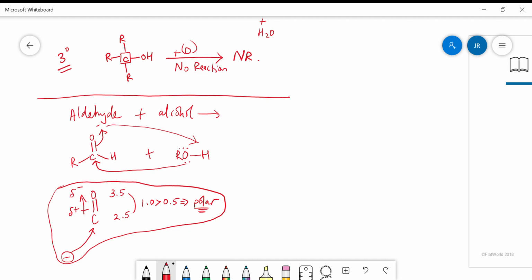Let's see if I can color code. Let's make this hydrogen green, and then see if I can pick my red again.